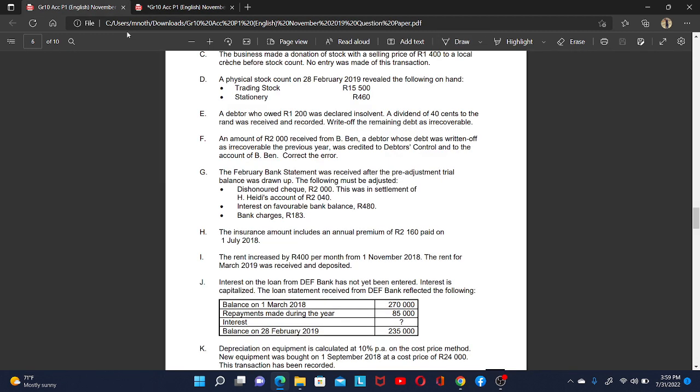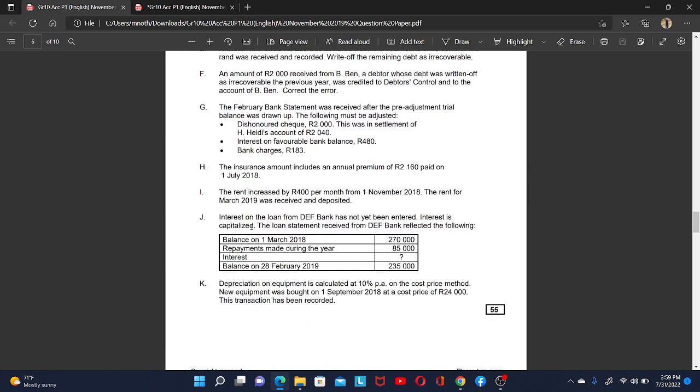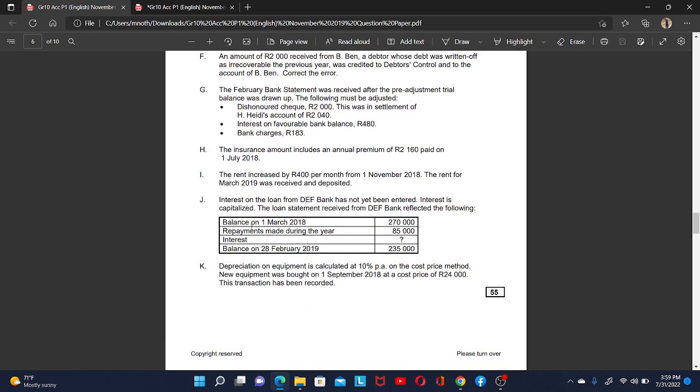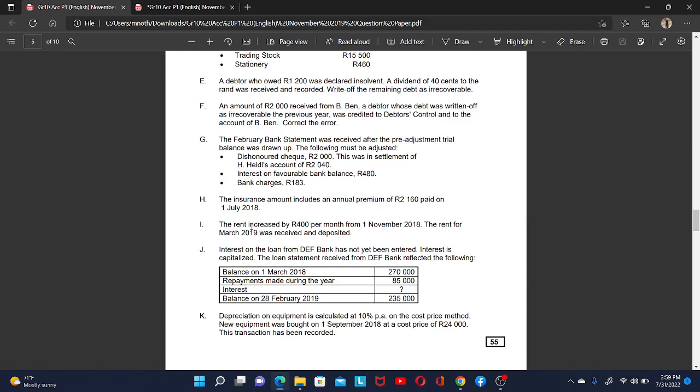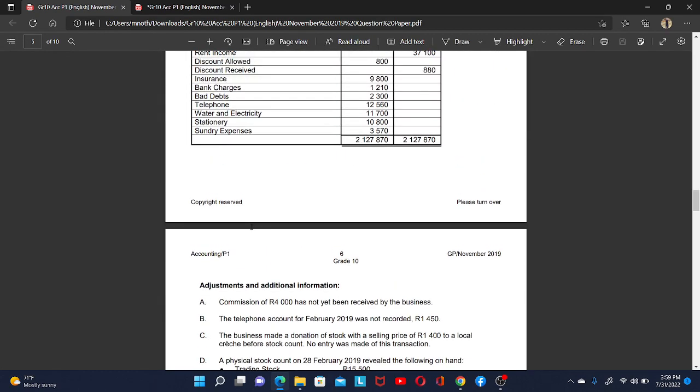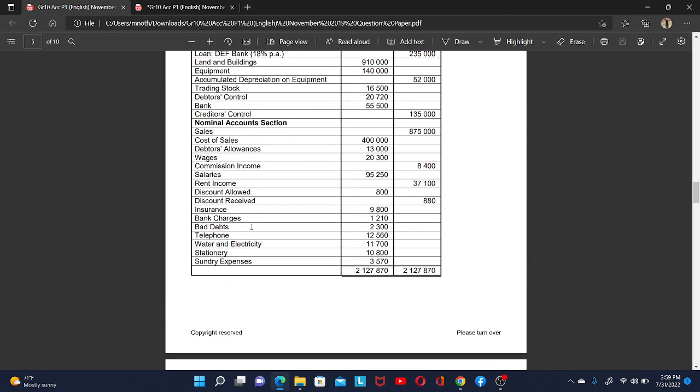Okay. And then here they are talking about the interest. Okay. Let's go to the technology. Interest on favorable balance. This means that this is an interest income. Let's check if we have interest here.